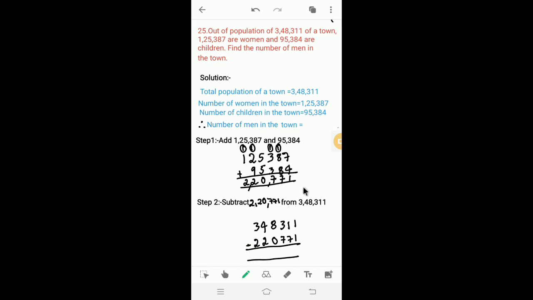Now I will start subtraction from ones place. 1 minus 1 is 0. 1 minus 7 is possible to subtract? No, it is not possible. So what we have to do?